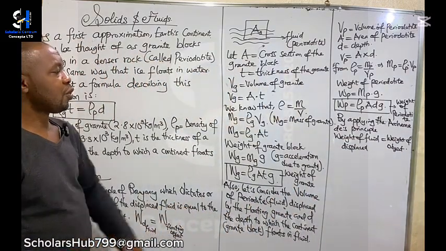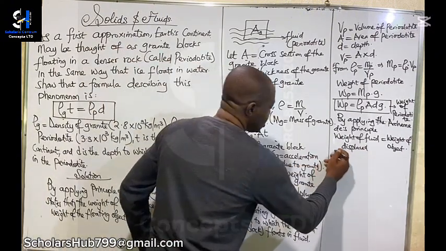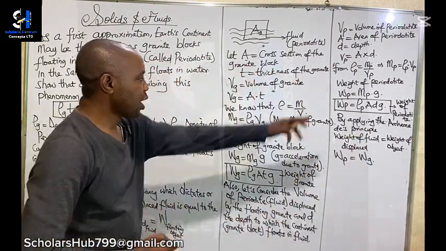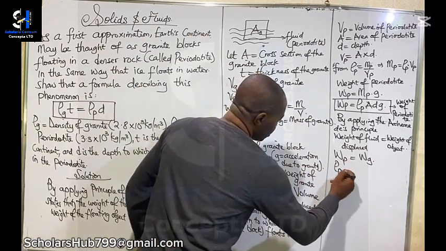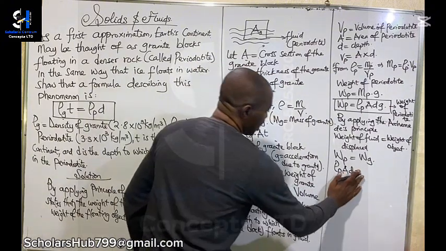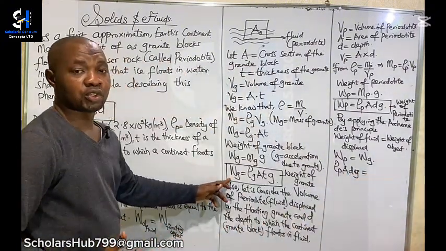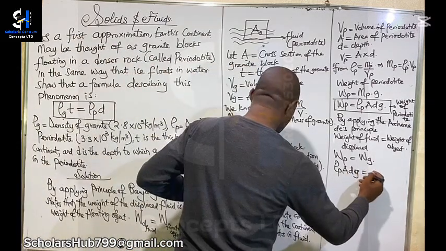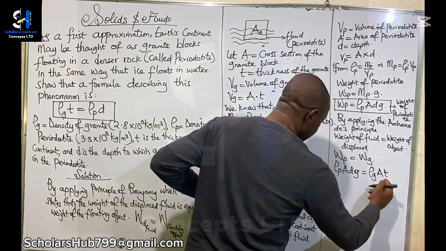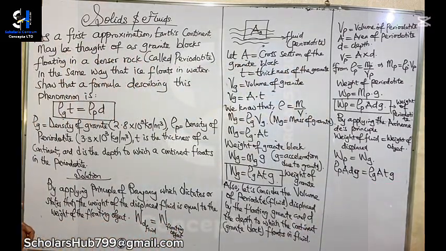So weight of peridotite will be equal to weight of granite. That is Wp equals Wg. Now Wp is density of peridotite multiplied by area times depth times gravity. Wg, the weight of granite, will be density of granite multiplied by area times thickness, then multiplied by the acceleration due to gravity.